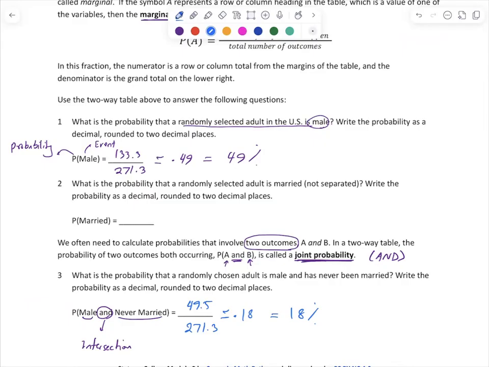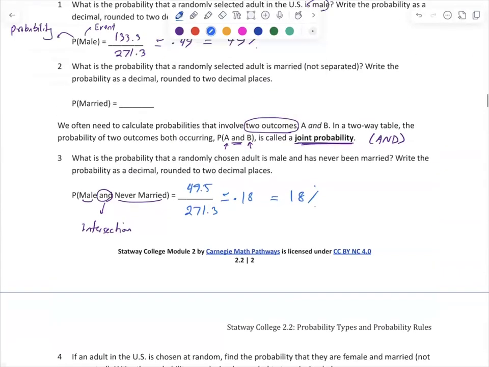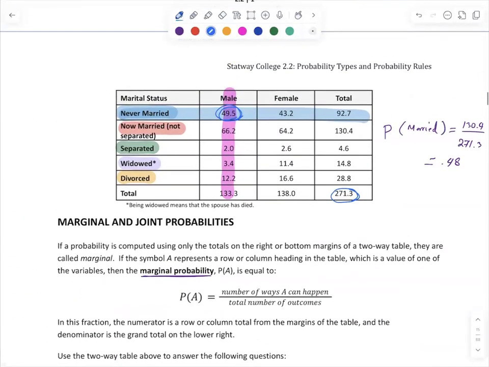Now, suppose I ask you to find the probability that the person is female and married. Female and married. So let me run a poll and ask you to calculate this for me. What is the probability of being female and married?